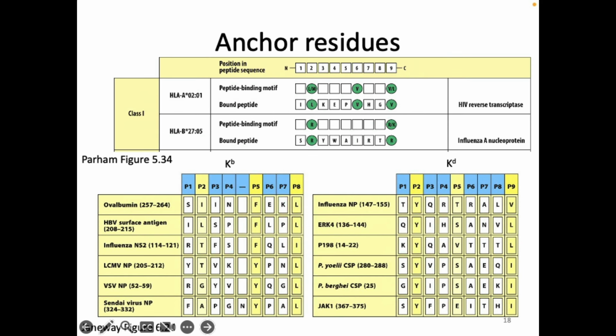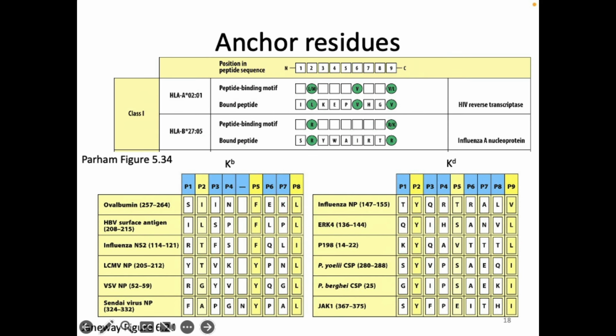Any peptide that matches that criteria, like this HIV peptide, can be presented by HLA-A201. While HLA-B27 must have an R at position 2 and an R or a K at position 9. So any peptide that meets those criteria, like this influenza protein, will get presented by that MHC.